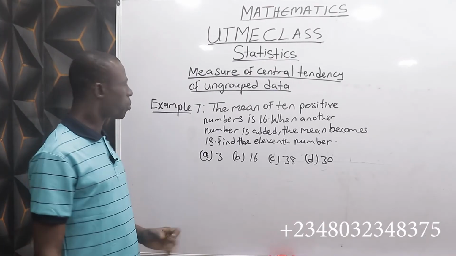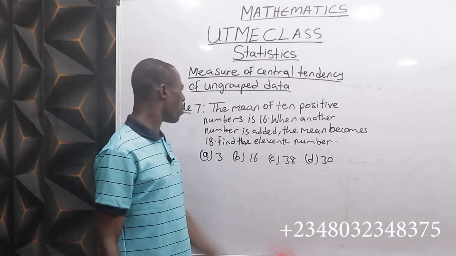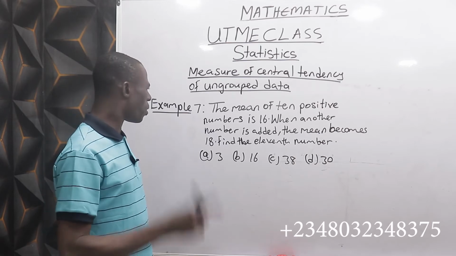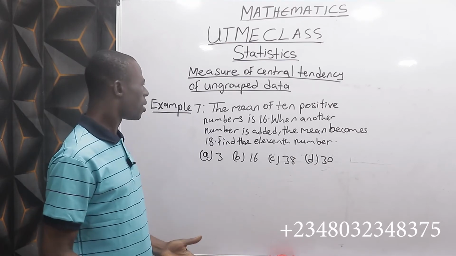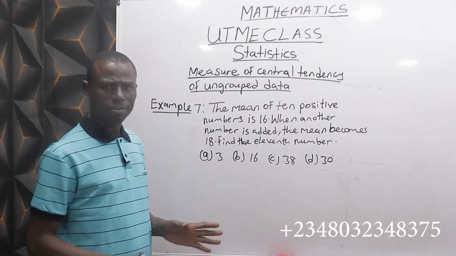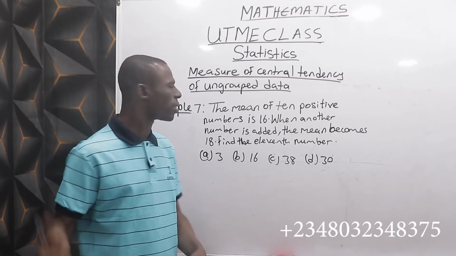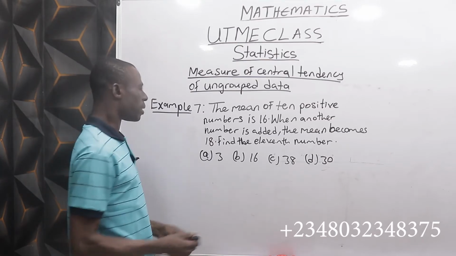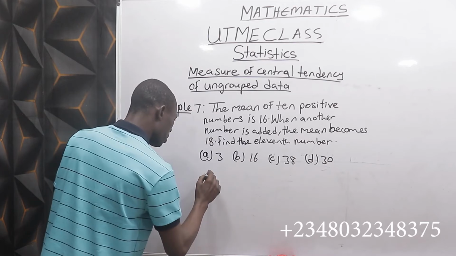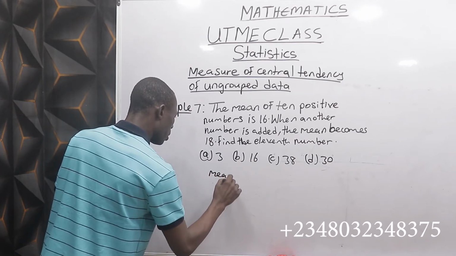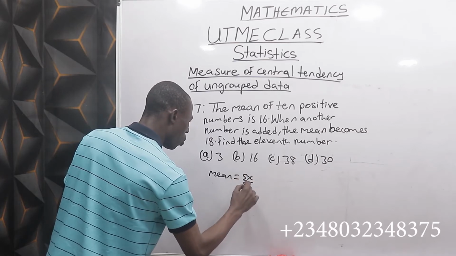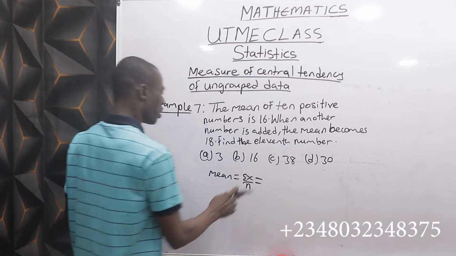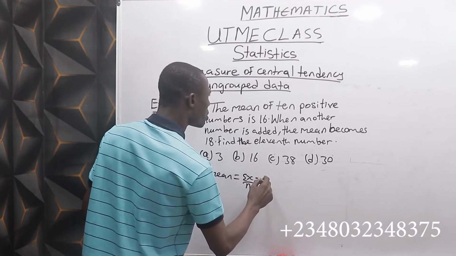Example 7 is before us here. The mean of 10 positive numbers is 16. When another number is added, the mean becomes 18. Find the 11th number. That 11th number is the one added. We have to find it. This is what we do. Simply, mean is summation x over n, where summation x is not known.